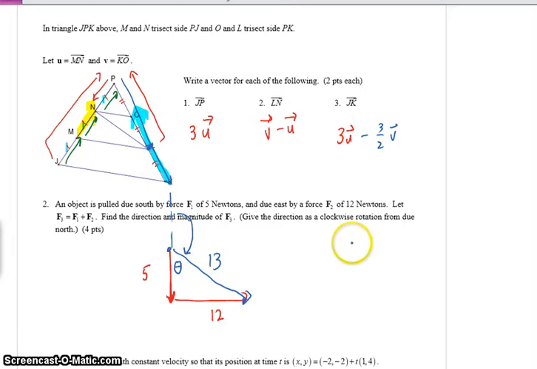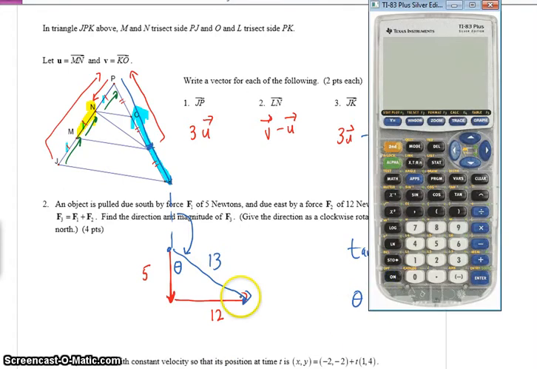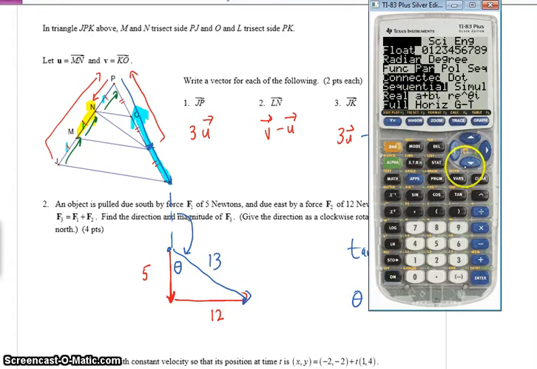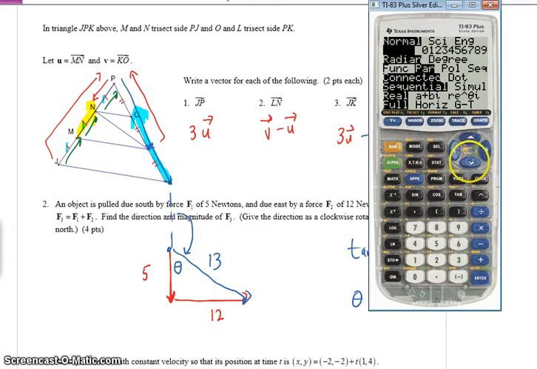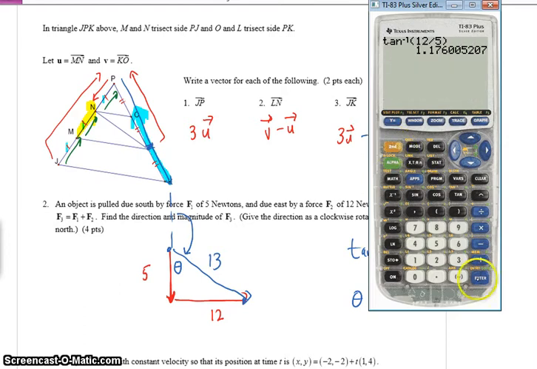The tangent of theta is equal to 12 fifths, and theta is equal to, making sure that I'm in degrees, the inverse tangent of 12 fifths. Okay, and I'm not in degrees, I'm in radians, so I'll change it to degrees.